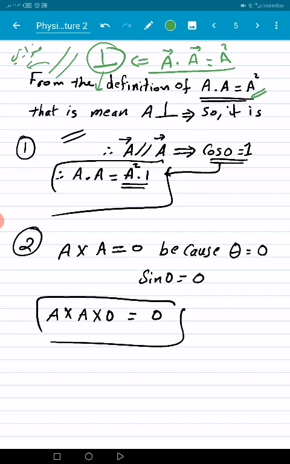Okay, so I apply my equation. A is parallel to A, so the angle between them is 0, and cosine 0 is equal to 1. So A multiplied by A is equal to A squared, since cosine 0 is 1.